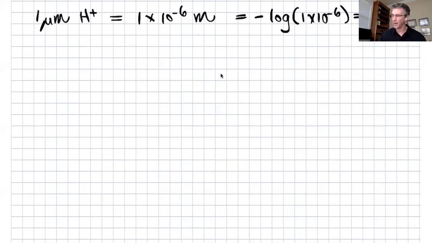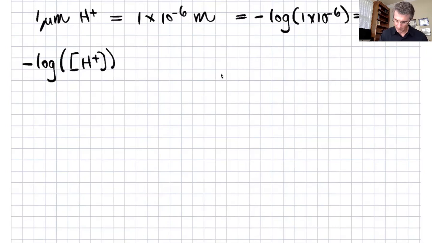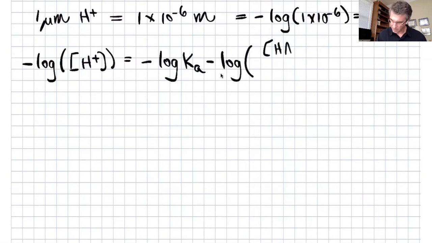Well, if we apply that logic to this expression, we can come up with something kind of useful. So if we apply this minus log idea to that expression we derived a minute ago, you get something that looks like this: minus log of hydrogen ion concentration equals minus log of Ka minus the log of the concentration of conjugate acid divided by the concentration of conjugate base. Okay, kind of cool.